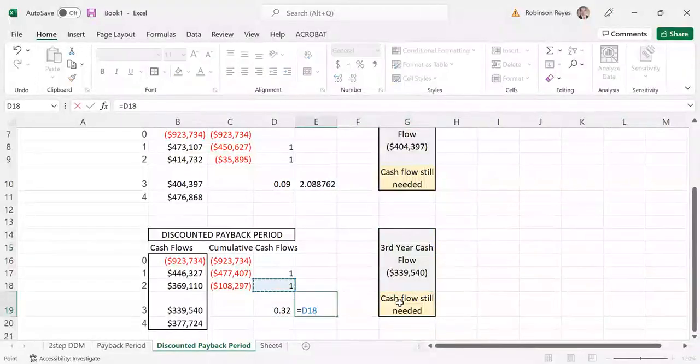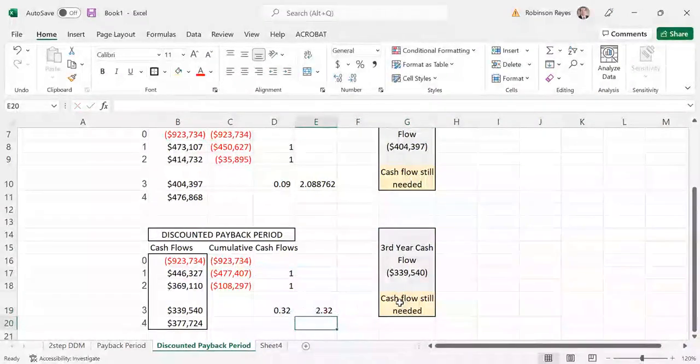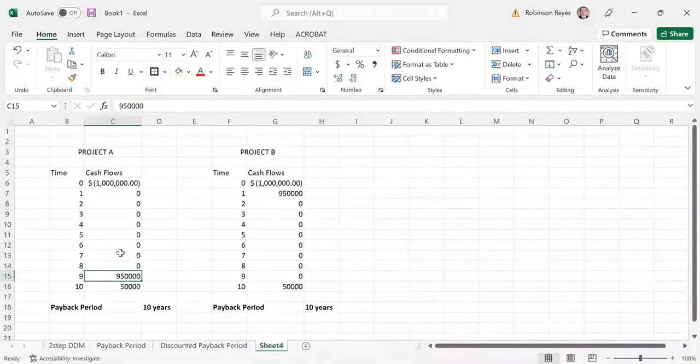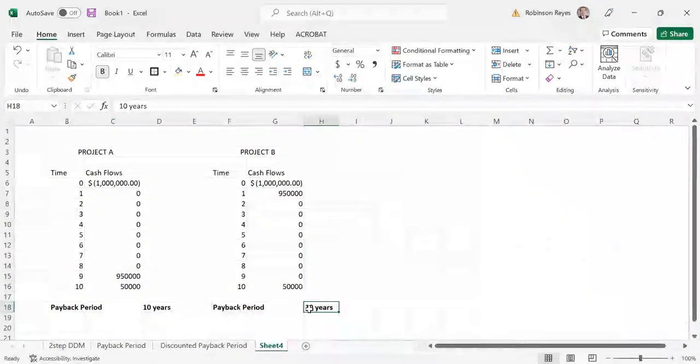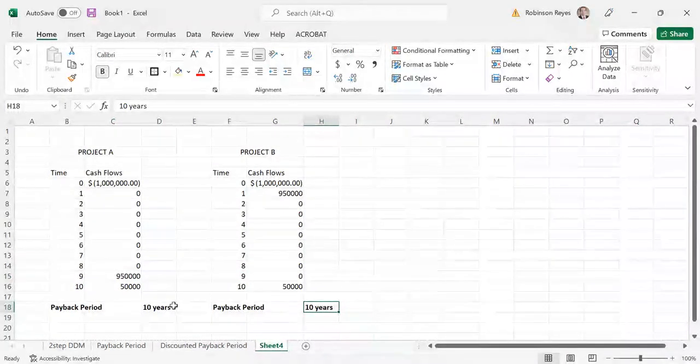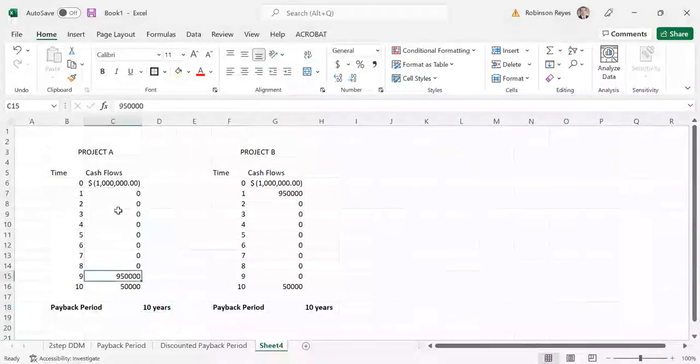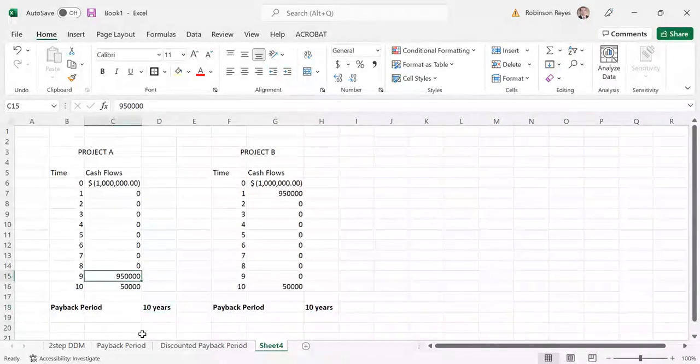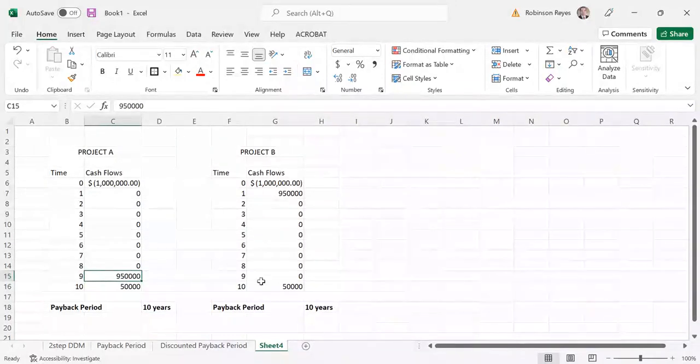So if we now add these up, it takes us, in terms of present value, 2.32 years. And if we had a problem like this one that we saw before, then the payback period of project B would be much faster than the payback period of project A, because these cash flows here would be highly discounted because they're happening so late in time.